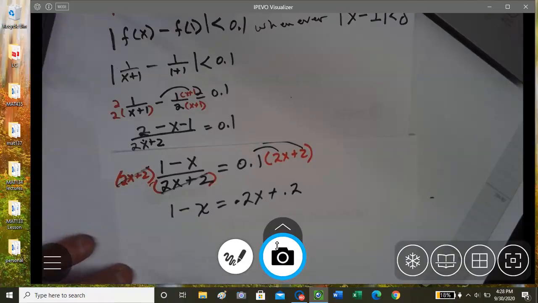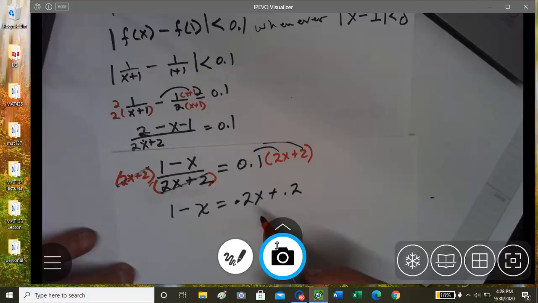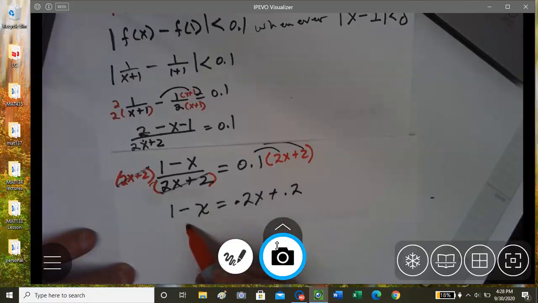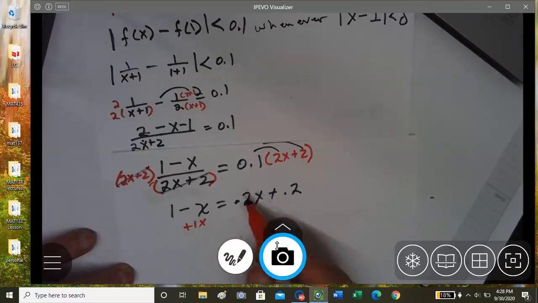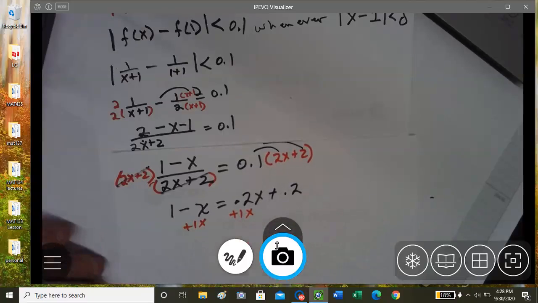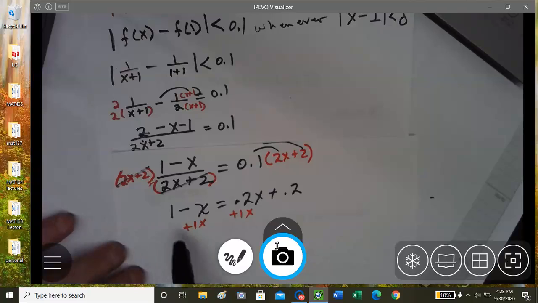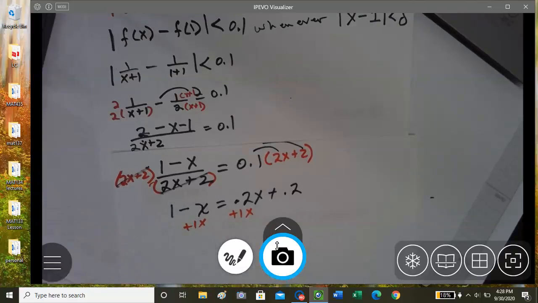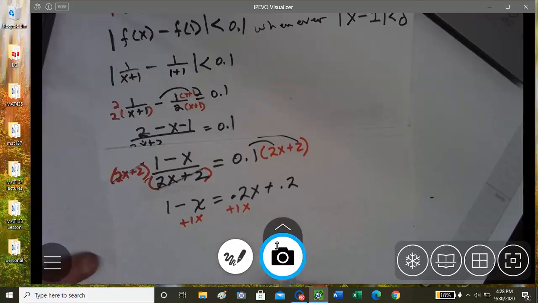Okay, so from here, we want to combine like terms, so we can apply a plus x. This is a 1x, right? Plus 1x. And so you can either add 1 or you can subtract 0.2. I like to keep the x's positive.